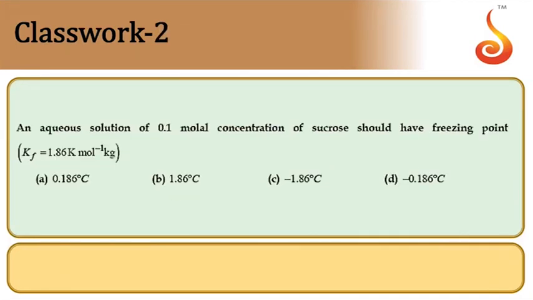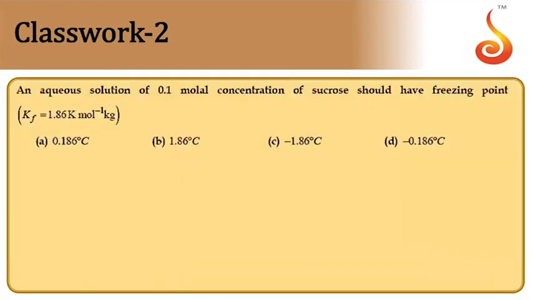Then second one. An aqueous solution of 0.1 molar concentration of sucrose should have a freezing point of, they're asking us now, freezing point depression. So delta TF is equal to Kf into molality, which is Kf given 1.86 into molality, 0.1 molar solution is given.